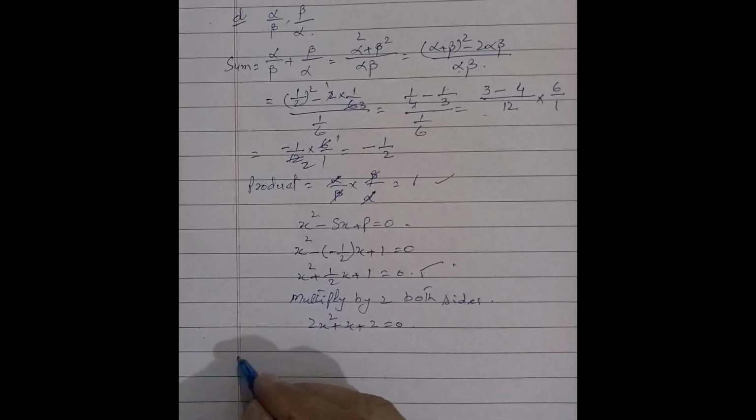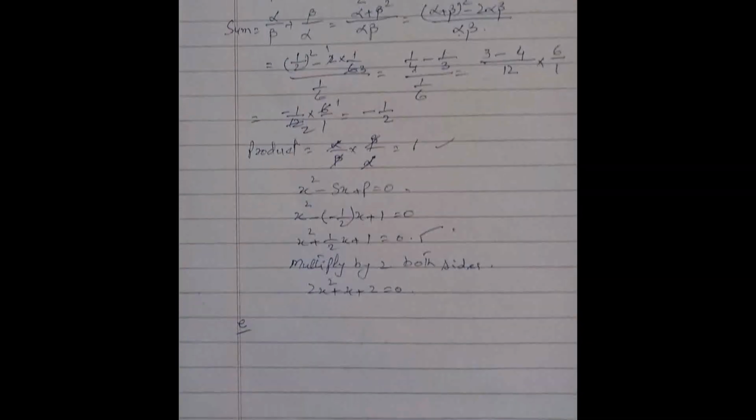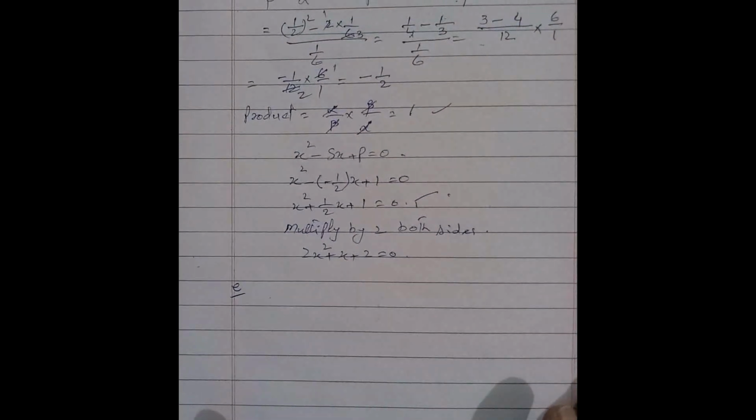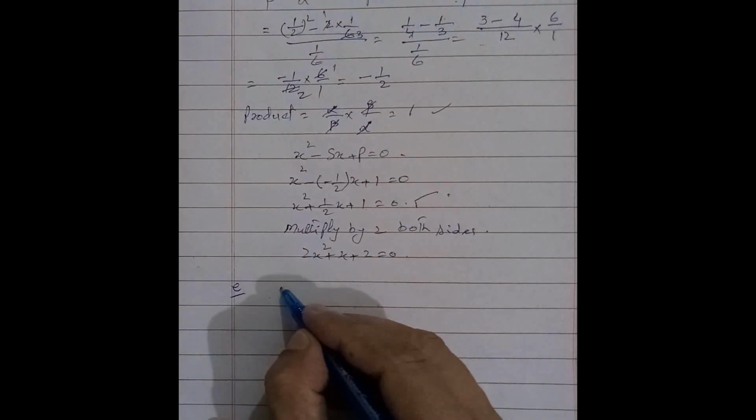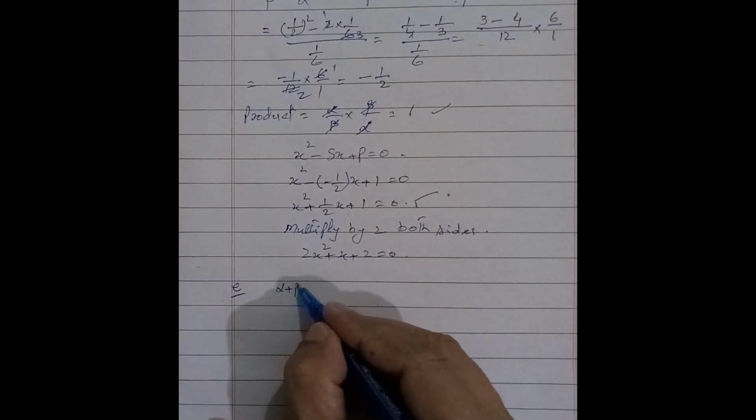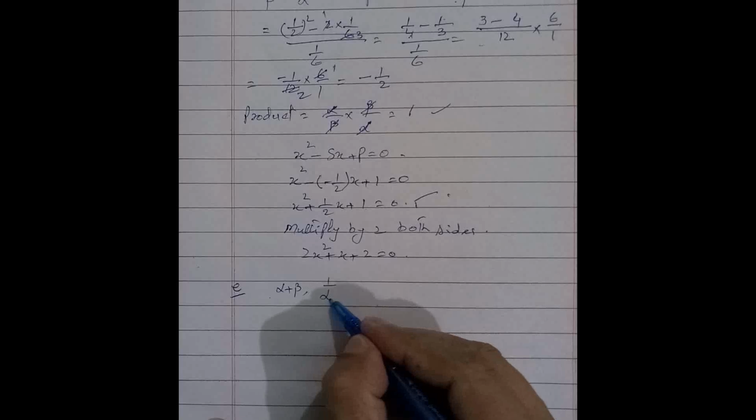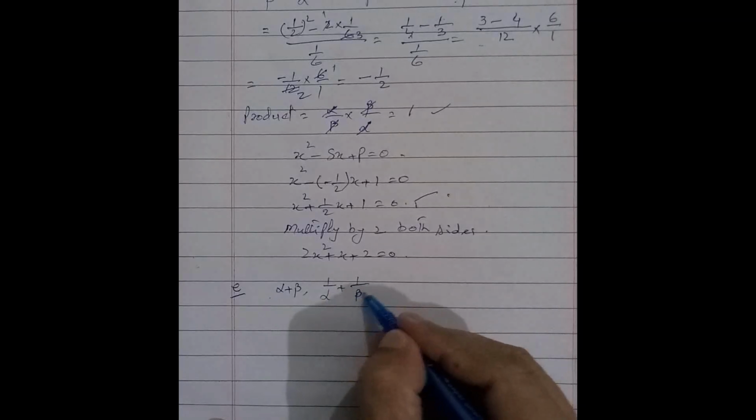And the next is the e part. The roots are alpha plus beta and 1 over alpha plus 1 over beta.